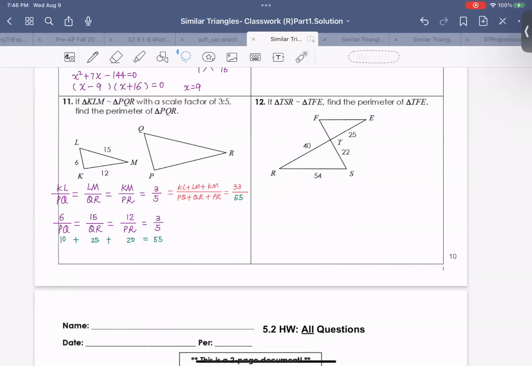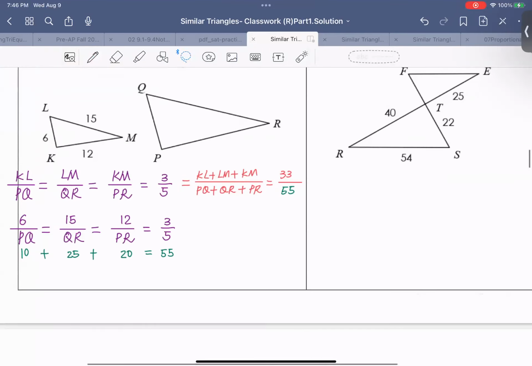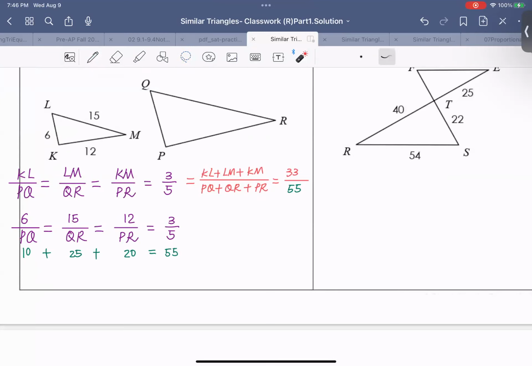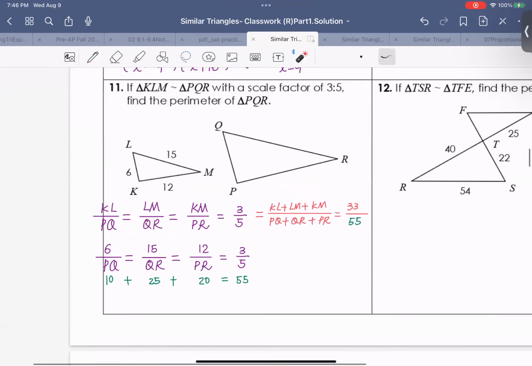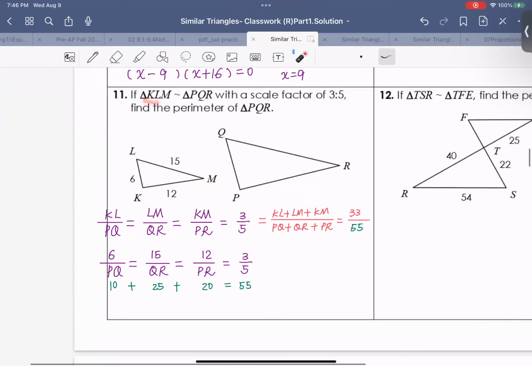I still don't really get number 11. Okay, let's see here. We do the same thing at the beginning. You do KL divided by PQ equals LM over QR equals KM over PR.